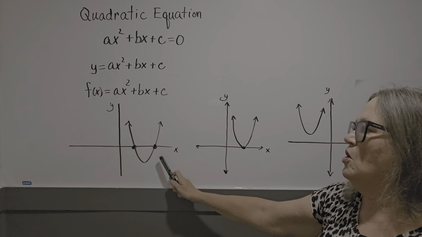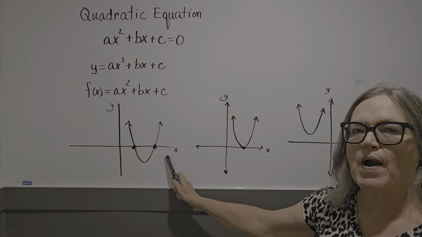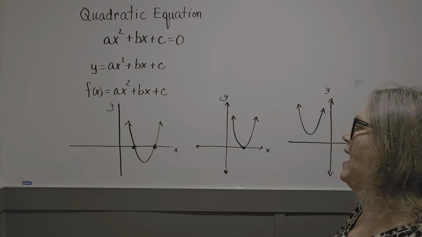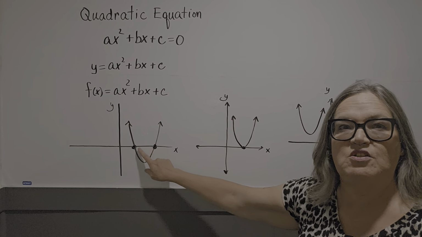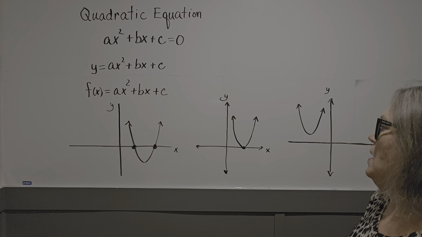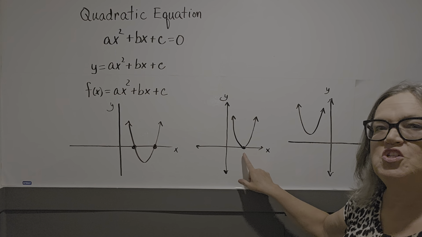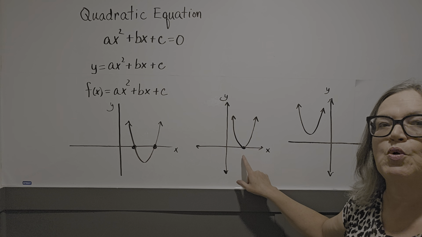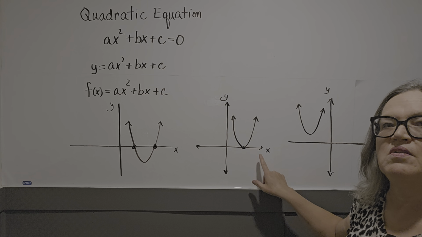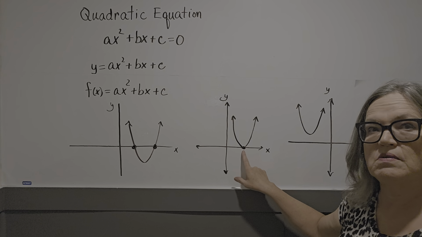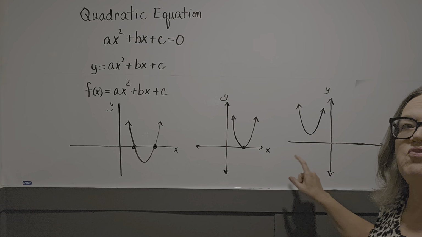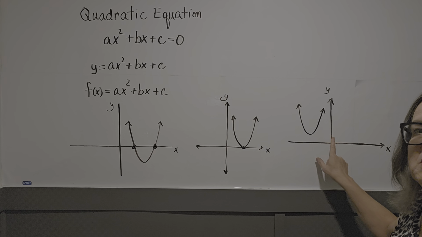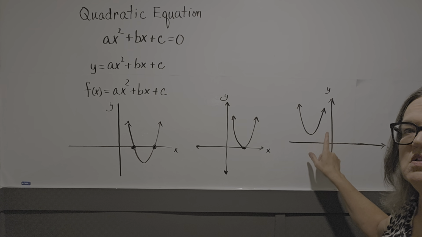So first, there's a situation where your parabola intersects the x-axis at 2 points. The second situation is when the parabola intersects the x-axis at the vertex, so just 1 point. And then finally, the parabola does not intersect the x-axis.